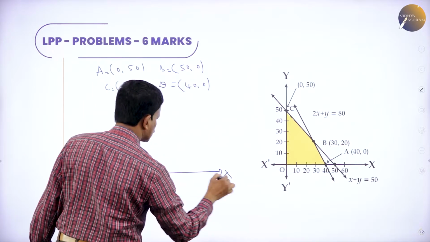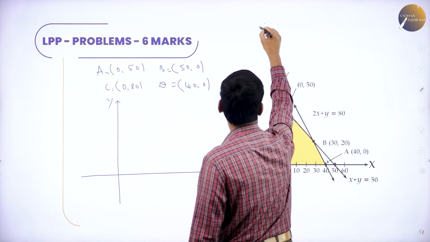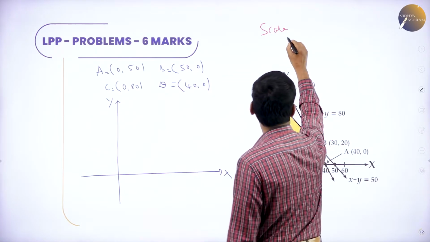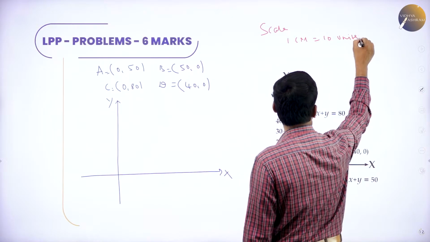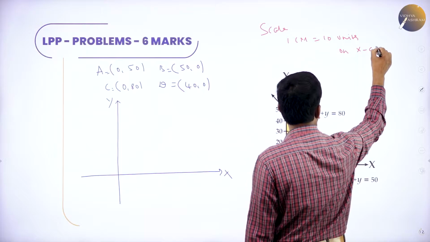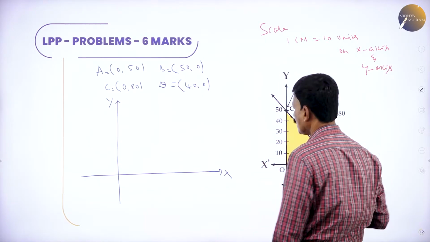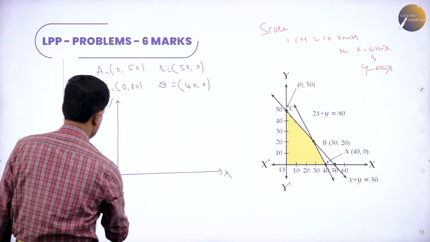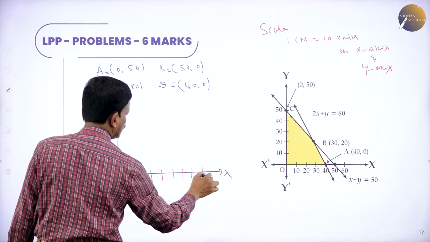Let us represent this on a graph. Let us choose a suitable scale: 1 centimeter is equal to 10 units on the x-axis and y-axis. So this is 0, 10, 20, 30, 40, 50, 60, 70, 80, 90.